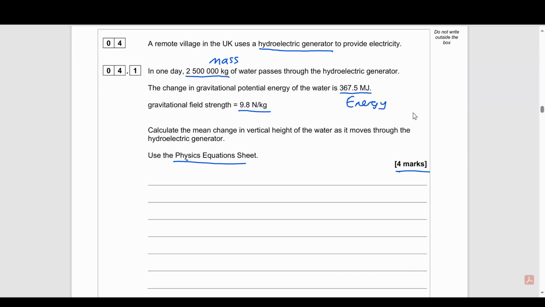We've got gravitational field strength, that's given to us also. And it's asking us to calculate the mean change in vertical height. So going through our equation sheet, the equation that would be most appropriate here would be change in energy is equal to mass multiplied by gravitational field strength multiplied by height.